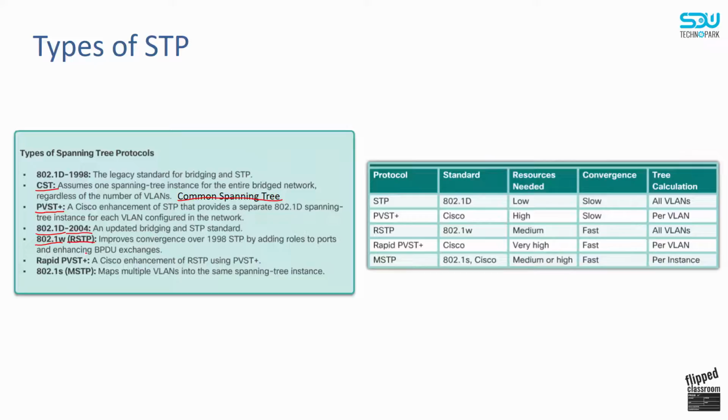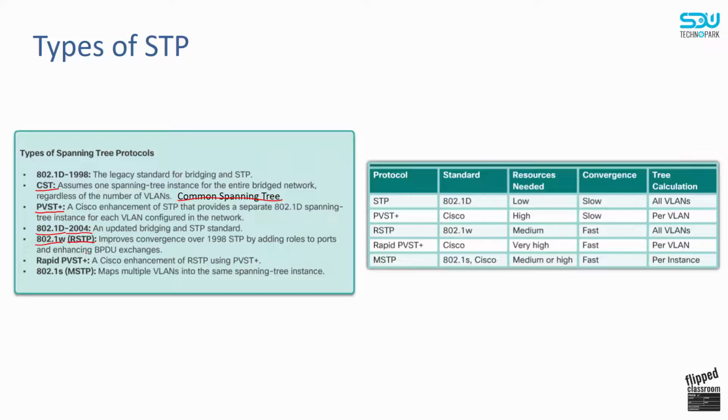Its convergence is much faster than the convergence of the basic STP, because its timers are enhanced and it has a slightly different algorithm. And also we have rapid PVST, which is like RSTP but per VLAN STP, with an enhancement of the speed of convergence.